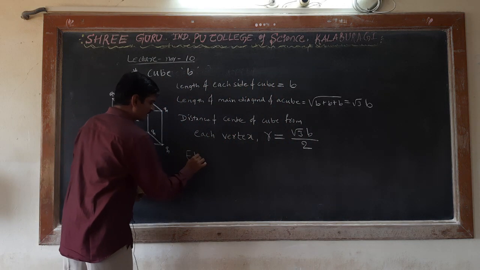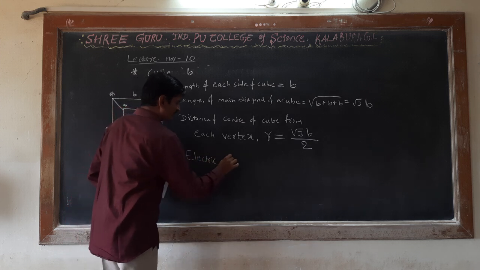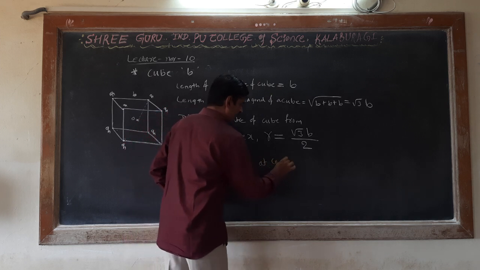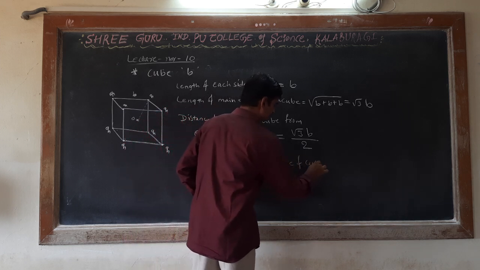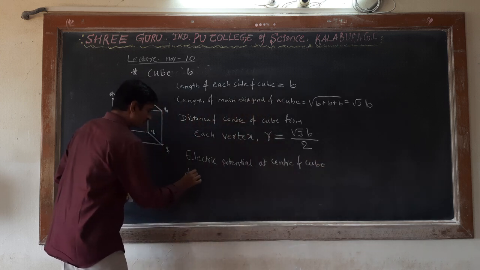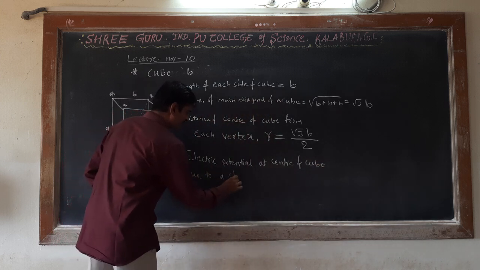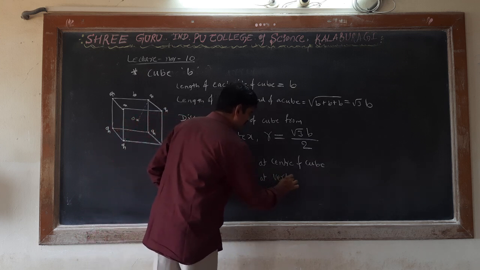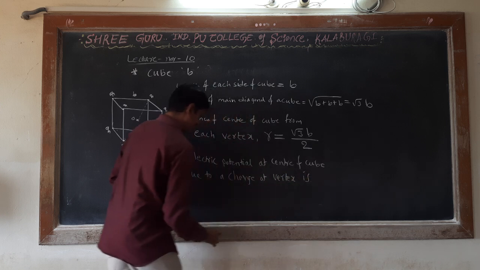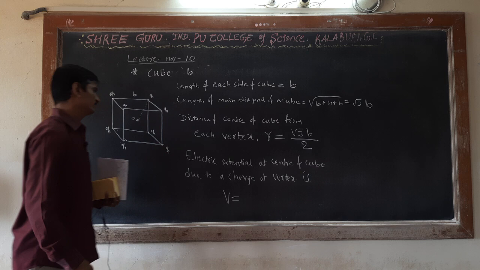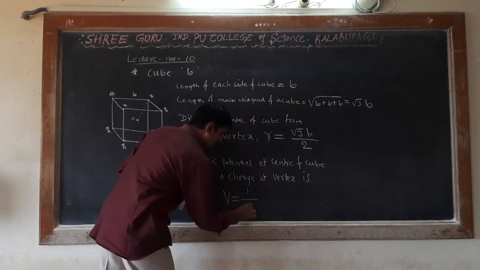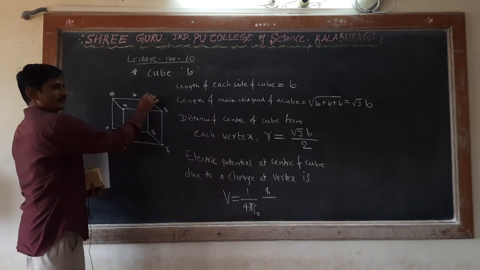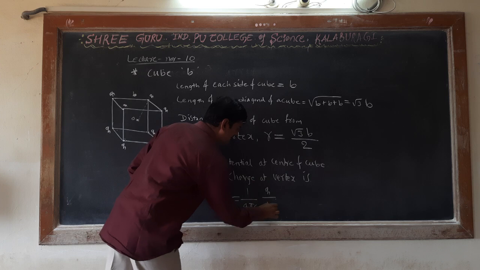The electric potential at the center of the cube due to a charge at a vertex is given by V equals 1 by 4 pi epsilon naught times q divided by the distance of the charge from the center, which we have taken as r.